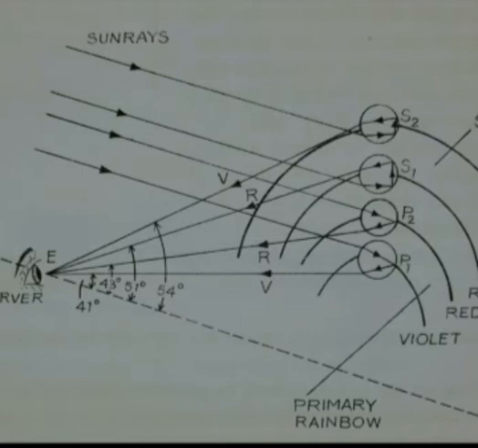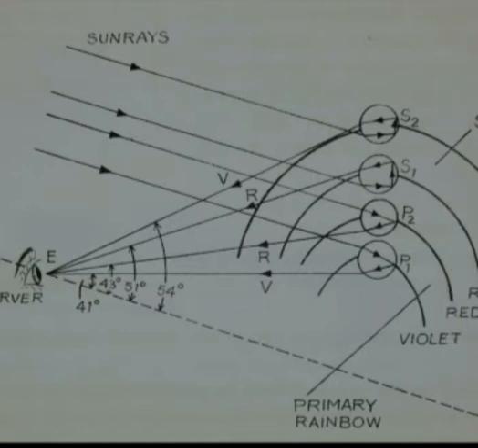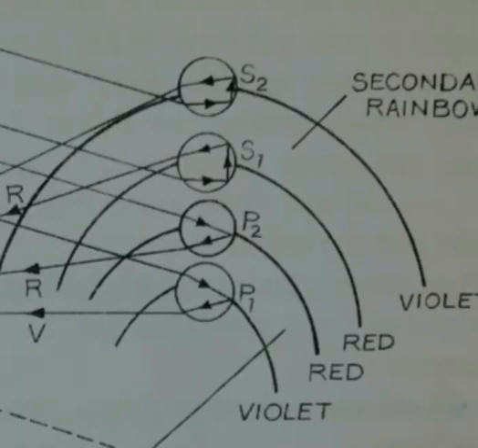If you look into the diagram, there are sun rays, you can see from here, which are falling on the raindrops. If you look at the raindrops in the diagram, the raindrops are over here. You will notice there are 4 such raindrops which they have shown.